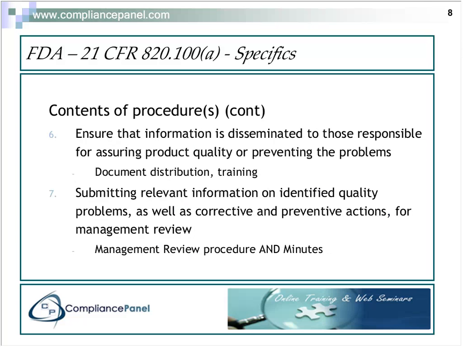What this means is that when you change a document, your documents are distributed and training is performed. So the fact that you've changed the document and subjected it to ECO, engineering change order, or DCO control, whichever, that's not enough. You need to make sure that those documents that are changed are distributed and that training is performed.